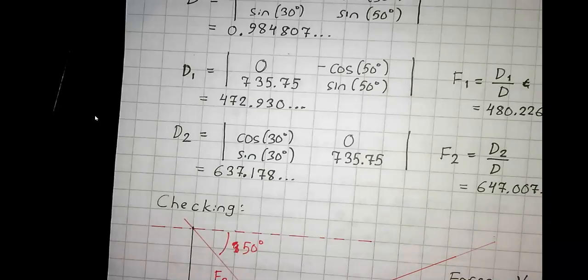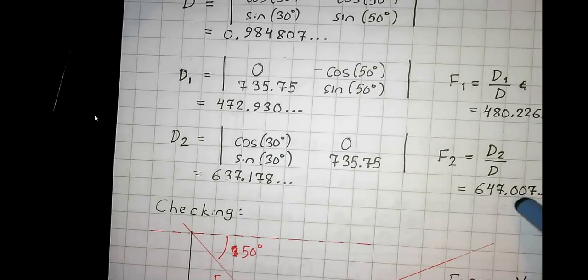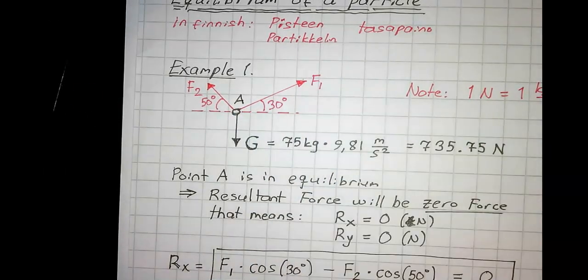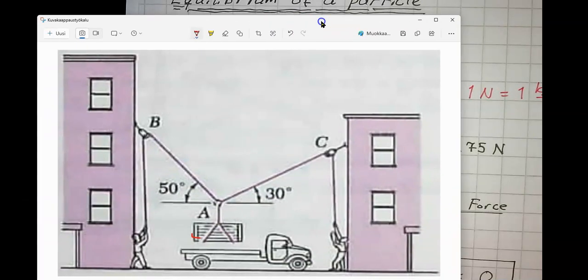If we have positive values in forces when we solve this kind of equilibrium problem, all forces which get a positive value are in tension. That means that, sorry, I will show the picture again.